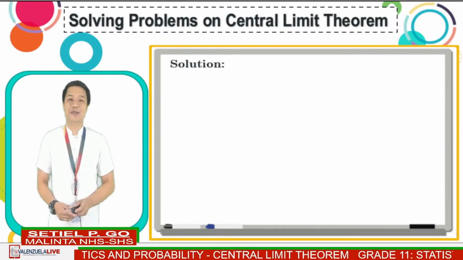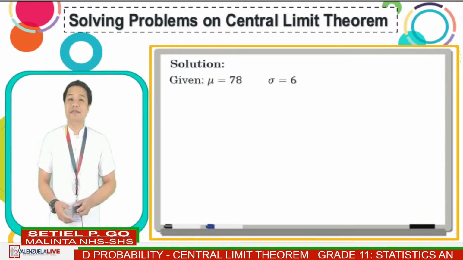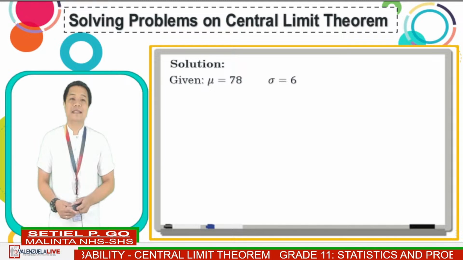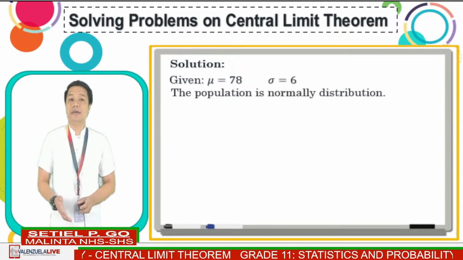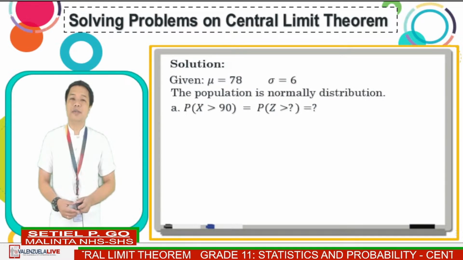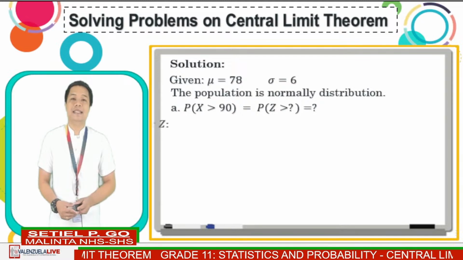So let's have the solution. For letter A, from the given, we have the mean, which is 78, and the standard deviation, which is 6. So the population is normally distributed. For letter A, we're going to get the probability that the score is greater than 90.